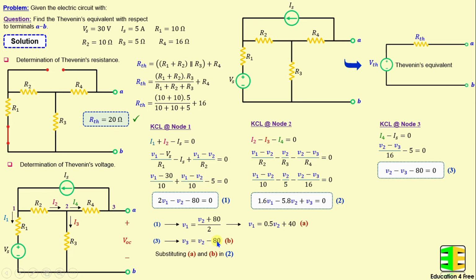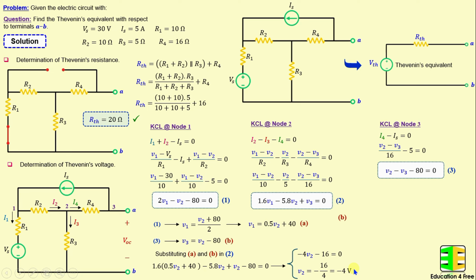And now by substituting A and B in 2, we derive one equation in terms of V2. And if we continue simplifying this equation, we obtain negative 4 V2 minus 16 is equal to 0. That means V2 is equal to negative 16 over 4 is equal to negative 4 volt.